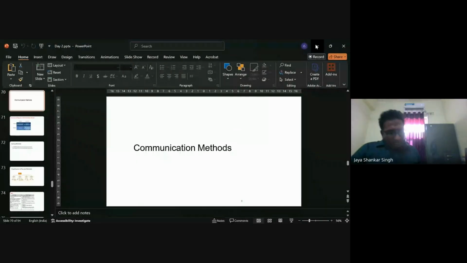Okay, I will request every one of you to kindly open your R studio. I'm sharing the file on the chat. Can I share file here? I don't think so. How can I share a file?